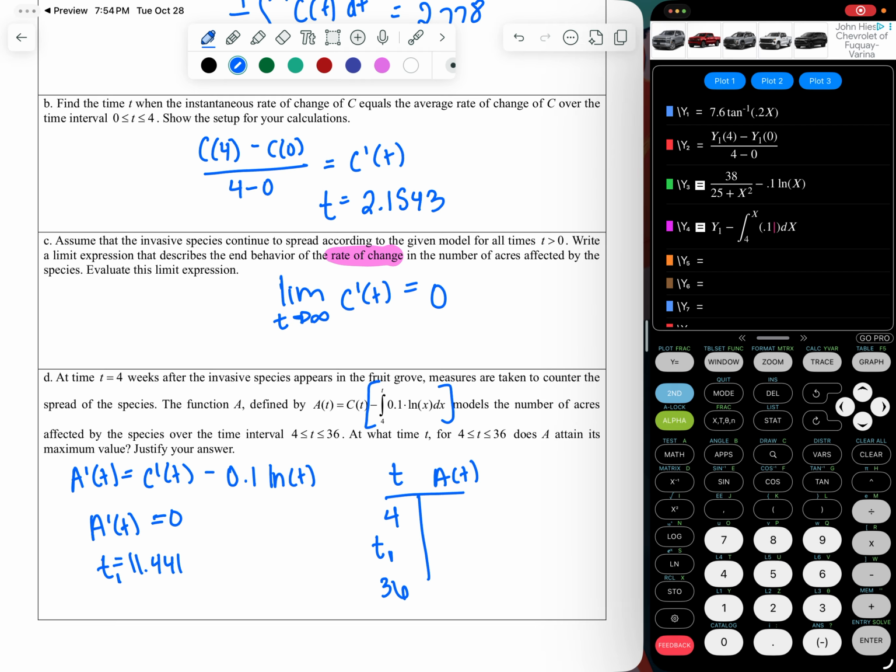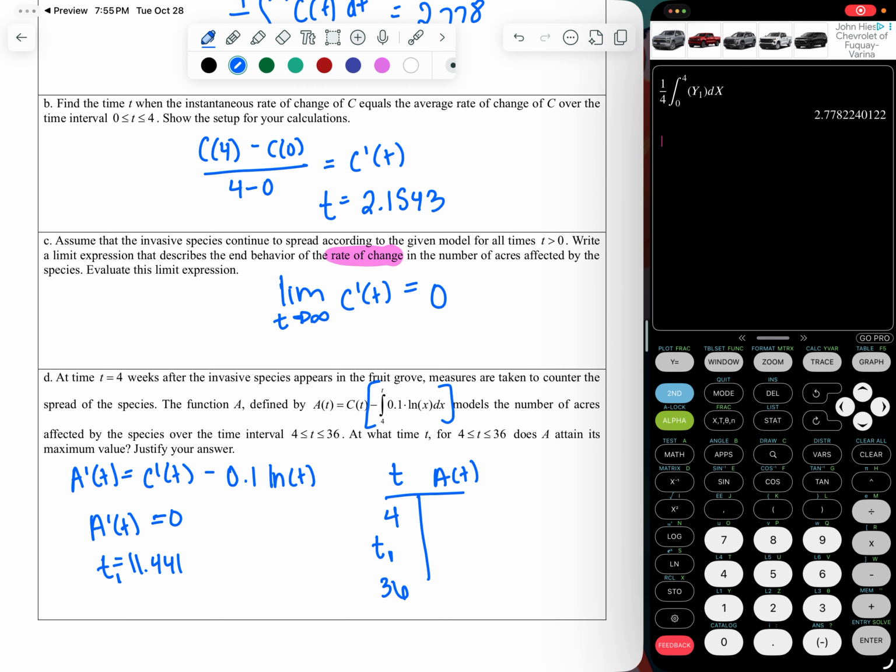Hopefully that doesn't do anything crazy there. Okay, I think that's good. And then I'm going to plug in 4, and then T1, and then 36.